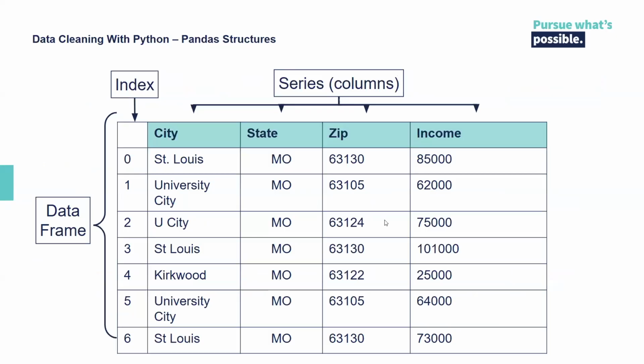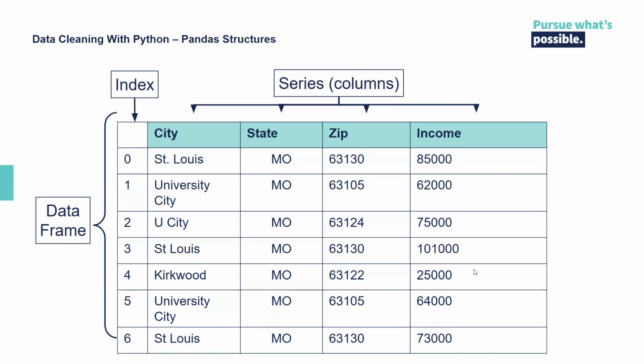Okay, so we're just going to talk about pandas really quick, and then we'll head into some actual code. All right, so the whole basis of pandas is the data frame. And so we're looking at an example data frame here. Essentially, data frames are just in-memory tables. And so each table is going to have a number of columns, which in pandas speak they call series.